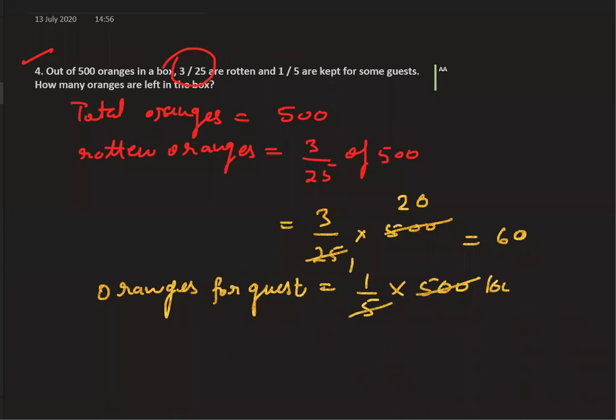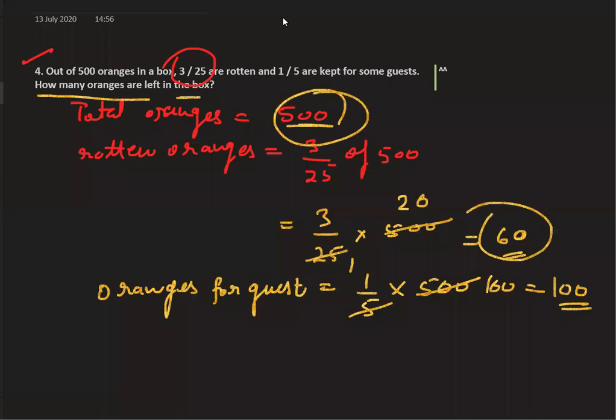So 100 oranges are for guest and 60 oranges are rotten. How many oranges are left in the box? अब मान लो फेरिस के पास 500 oranges हैं, Ferris has 500 oranges in a box और उसमें से 60 oranges are rotten out of them and 100 he has kept for the guest.